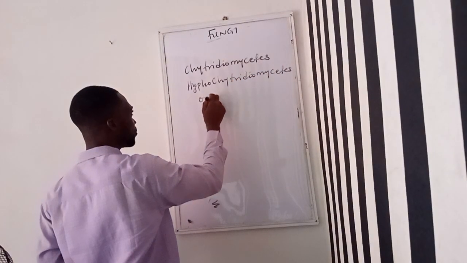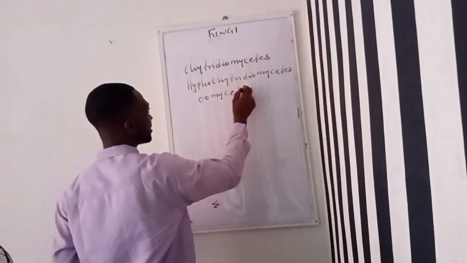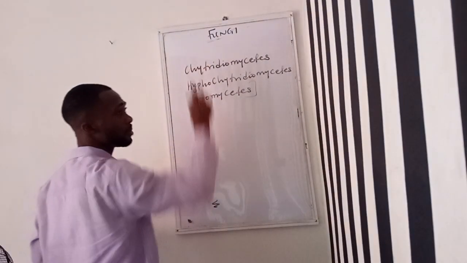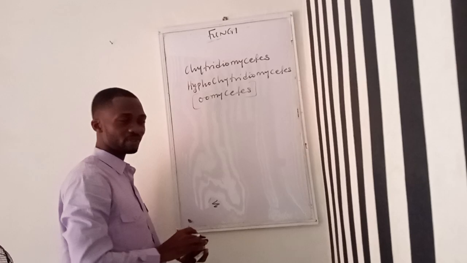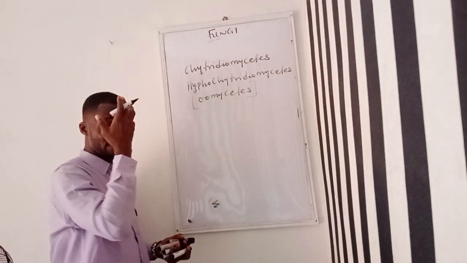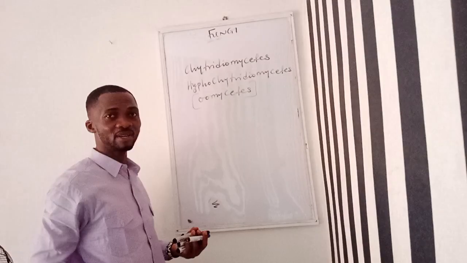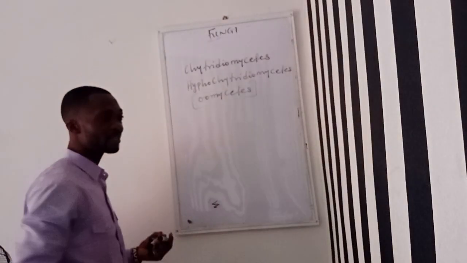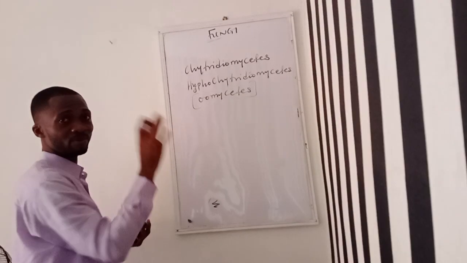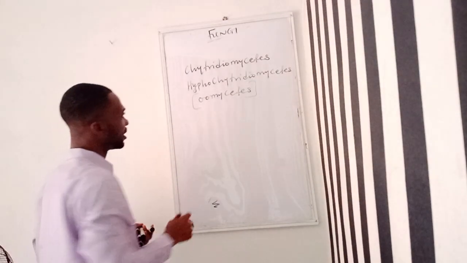And like I said, this group is now in a separate group, no longer under Mycota, because unlike other fungi, this one has cellulose in its cell wall. But let's just put them under here, but they are no longer classified under Mycota. Initially, they were.